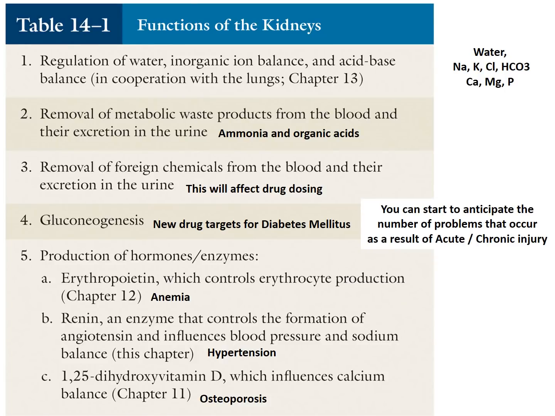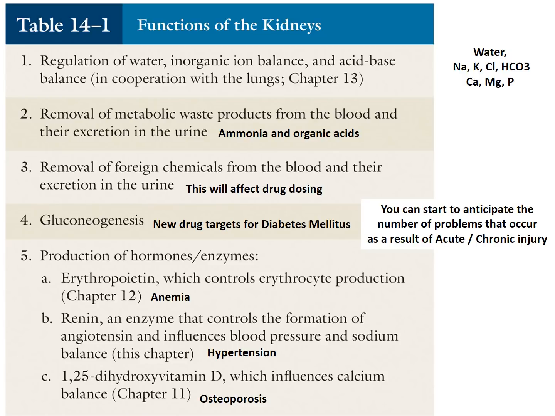The kidneys are much, much more than just making urine. When we think of the kidneys, we think of their primary function as making urine and controlling water and electrolytes. And in fact, that is a major function of the kidney.